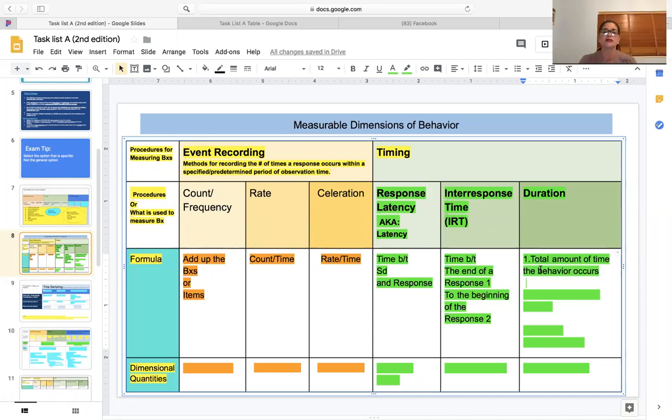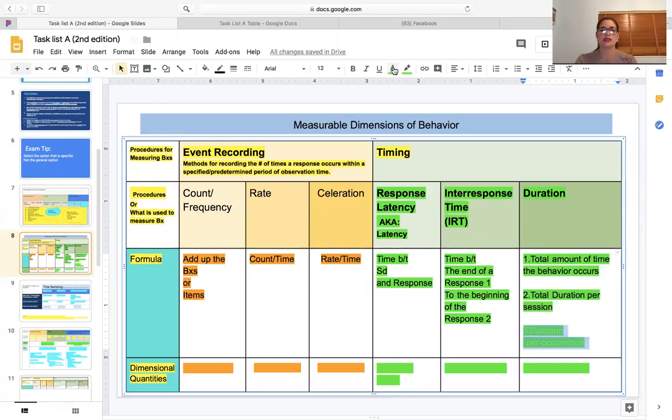I think Vanessa answered in Minerva's study session. Duration per occurrence. Nice job, my friend. You see? And total duration per session.